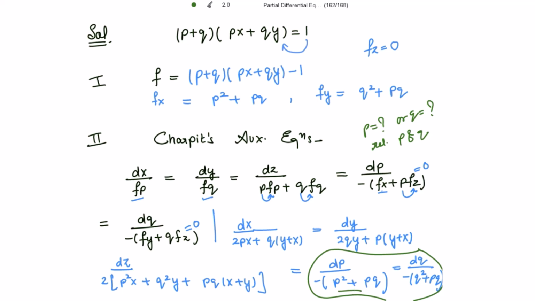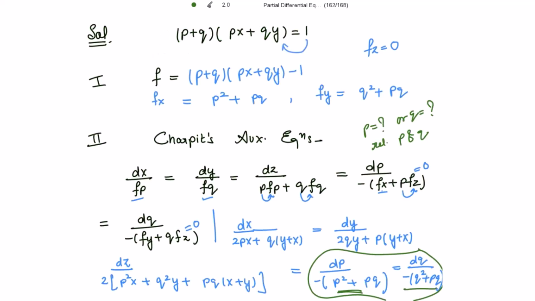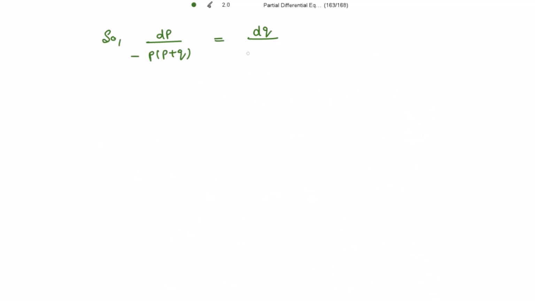So dp divided by, taking p common, p into p plus q with negative sign, equals dq divided by, taking q common, negative of q into q plus p.